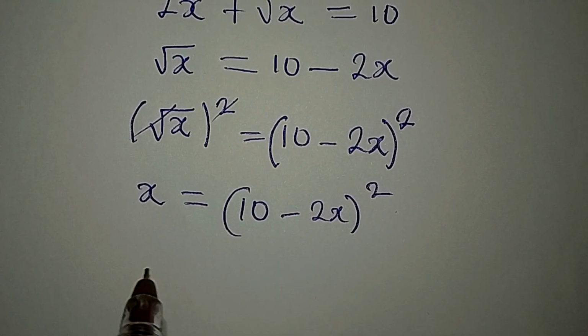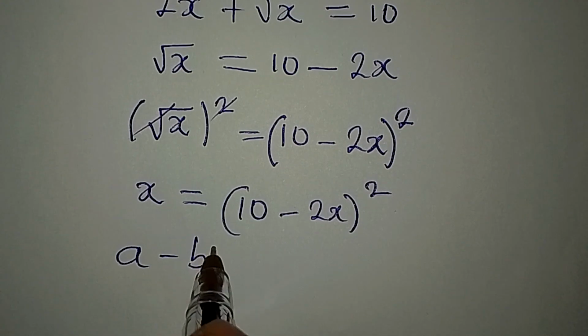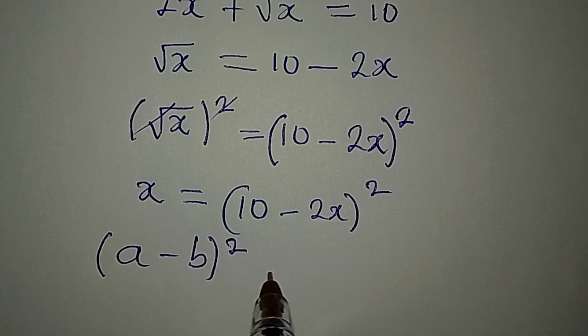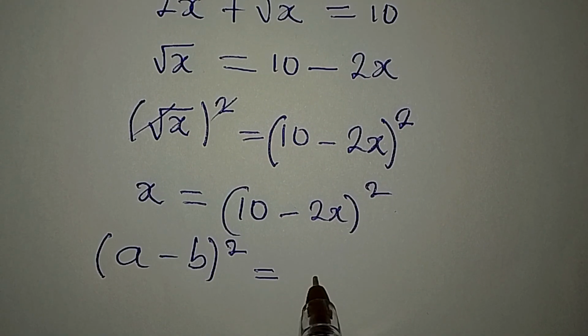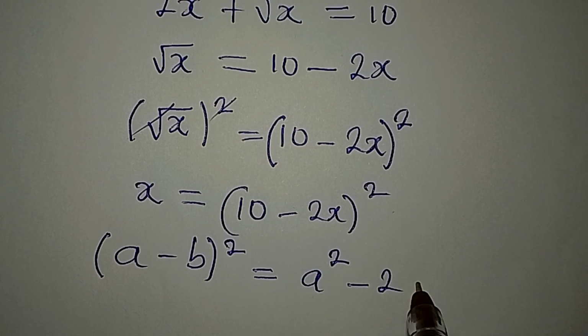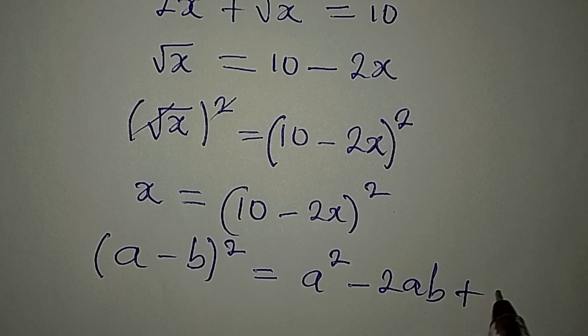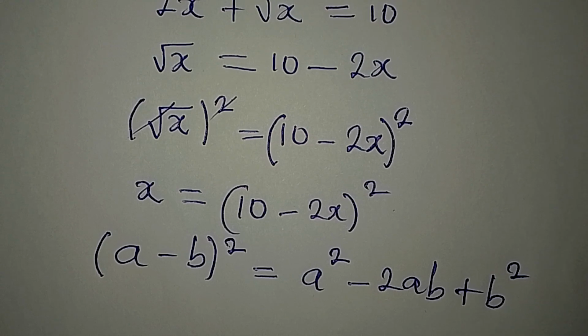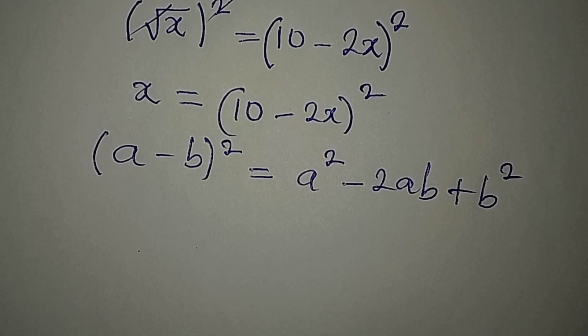Then for this, a minus b to the power of 2 is the same thing as a to the power of 2 minus 2ab plus b squared. So this is what this means.